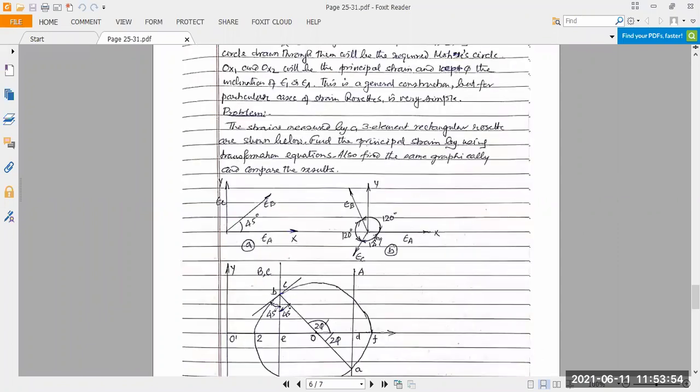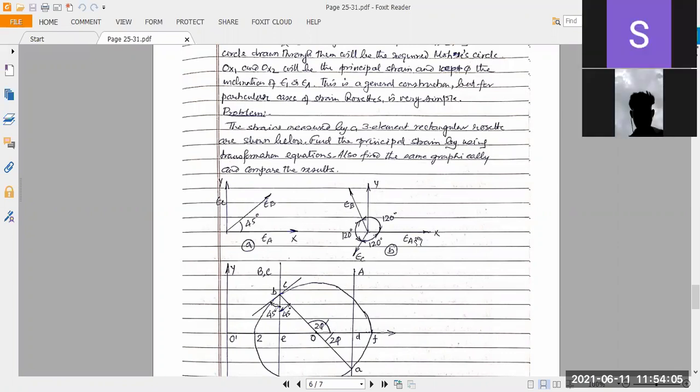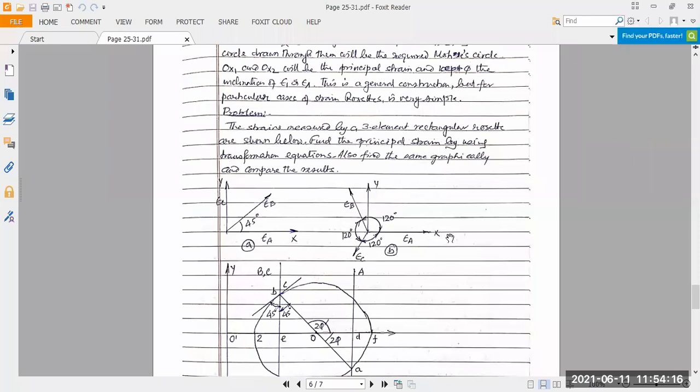Here epsilon A is plotted along the x-axis, epsilon B is plotted along its own line, and epsilon C is plotted along this line.